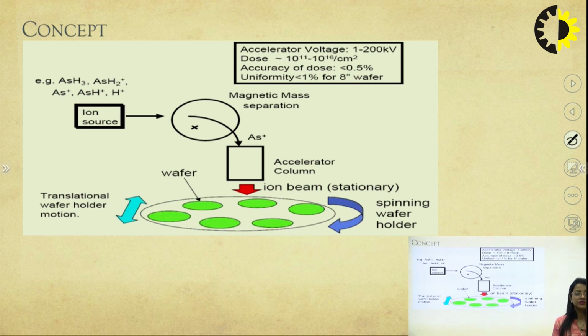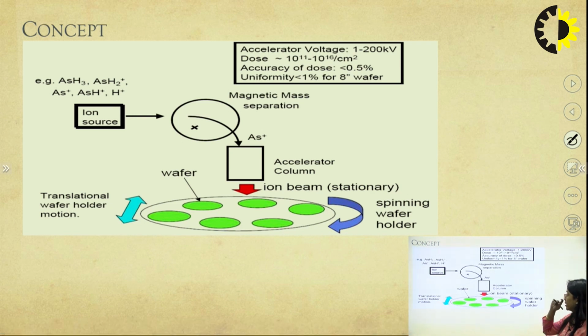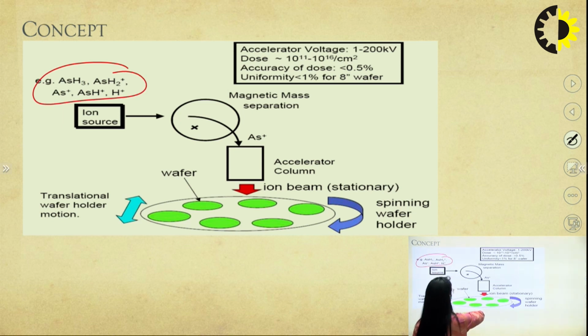Here we are trying to show the concept. Let's say we have an ion source, and we have tried to list some examples of the ion source. So we are putting the ion source in the ion implanter. Let's say this is the ion implanter.